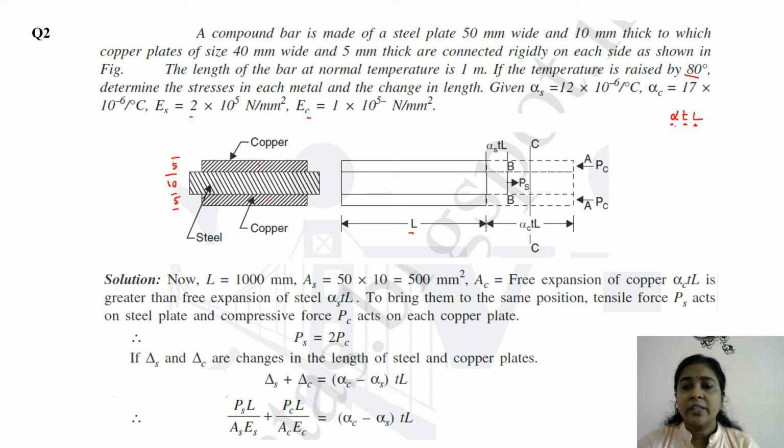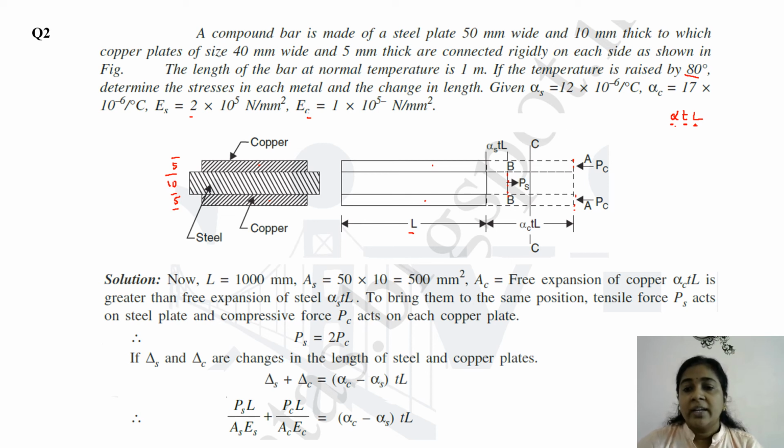Here the coefficient of copper is more than that of steel, so copper will expand more. That is, the top and bottom plates will expand more, and their final position is marked as AA. The coefficient of steel is less, so it will expand less, and its final position is marked here as BB.